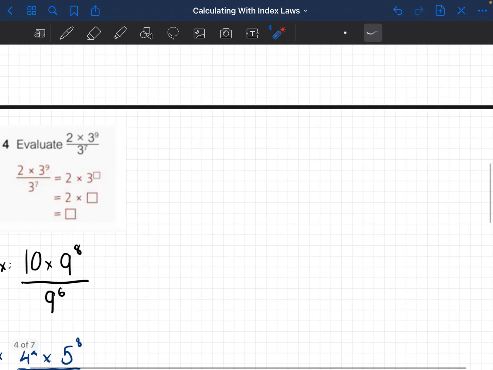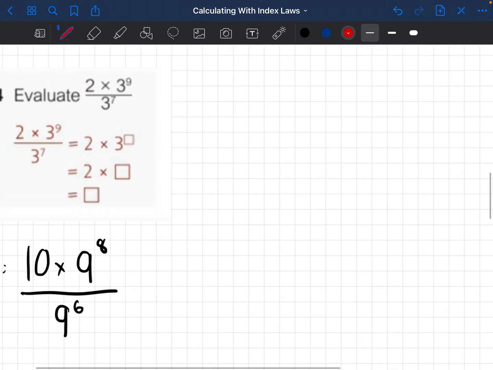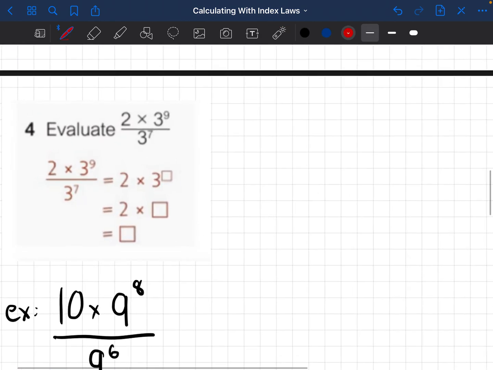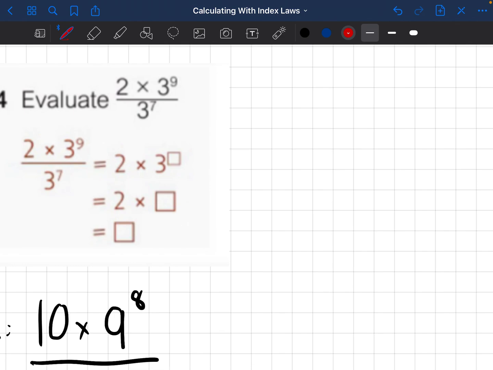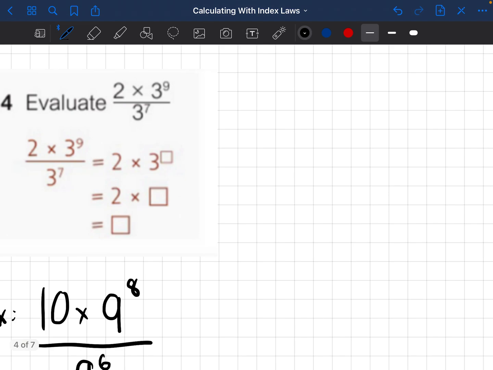Okay, let's look at the lesson. Question 1. Evaluate 2 times 3 to the 9 divided by 3 to the 7. Well, here, we know that with our division law, 3 to the 9 divided by 3 to the 7 equals 3 to the 9 take away 7, which equals 3 squared.